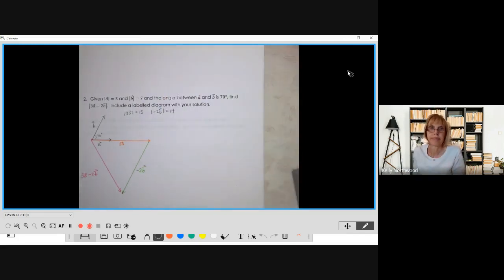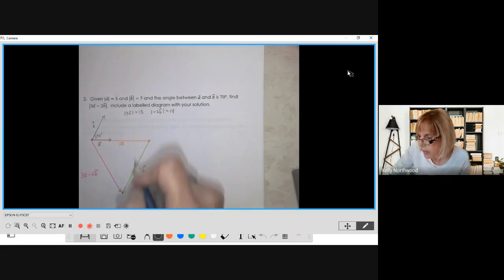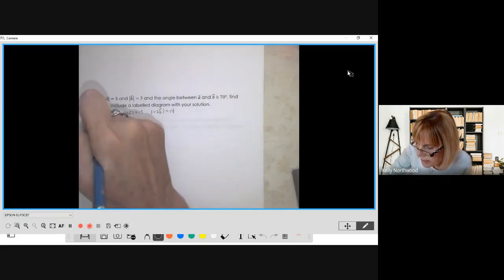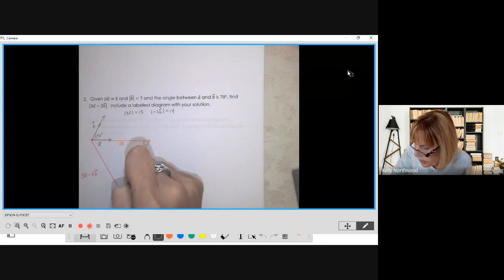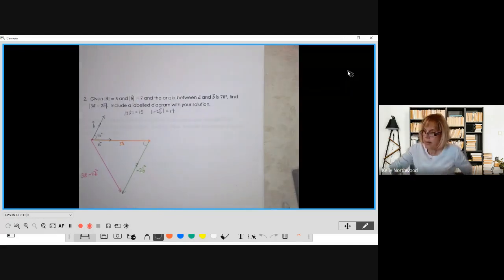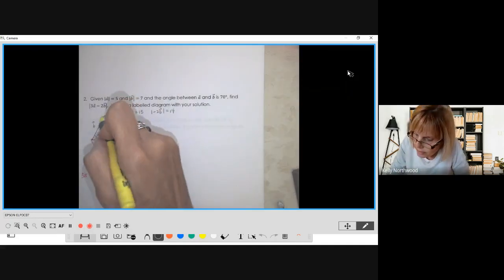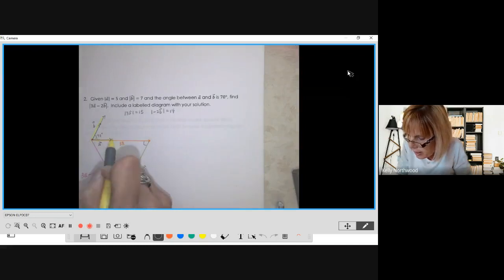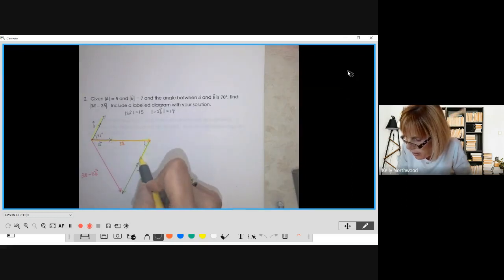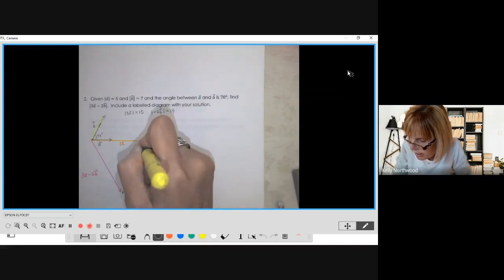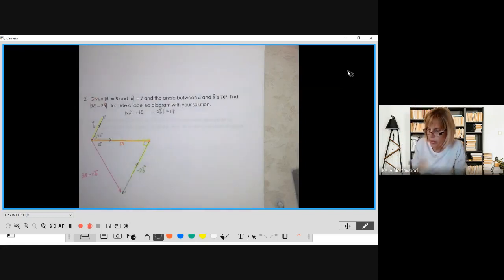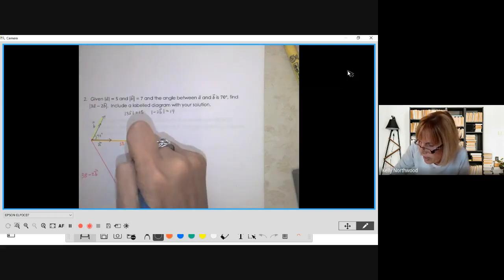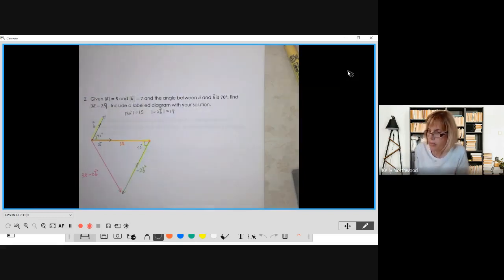And then we do know this angle because these vectors are parallel. So again, I set up this Z pattern. There's one arm of my Z, and there's the other parallel arm of my Z, which makes those two angles equal. So if that angle is 70, then this angle in here is 70 degrees as well.